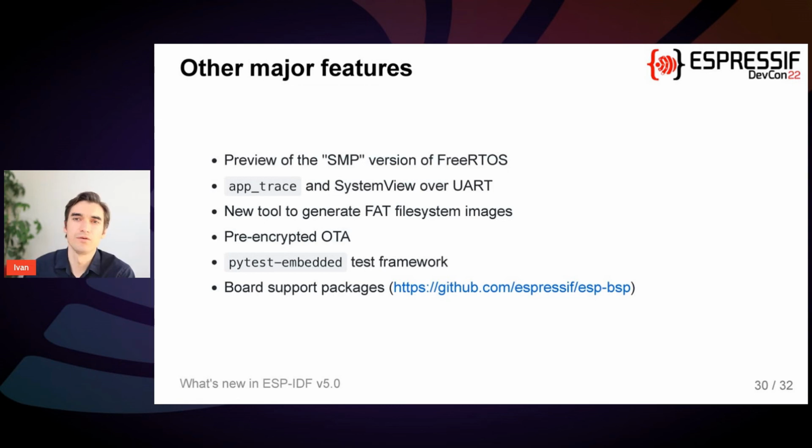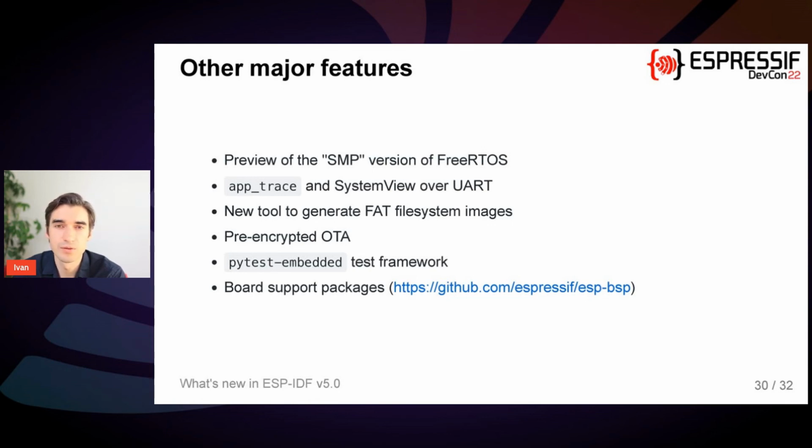And now, finally, a few other major features that we have introduced in 5.0. We have a preview of the Amazon FreeRTOS SMP kernel. There was another talk about FreeRTOS at the DevCon. If you haven't watched it yet, I highly recommend doing this.